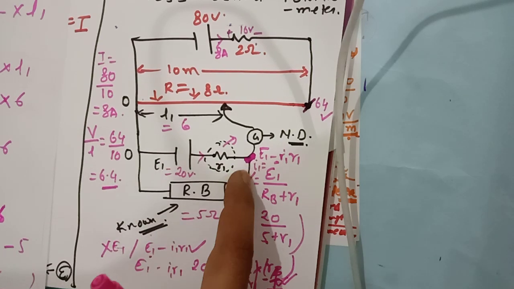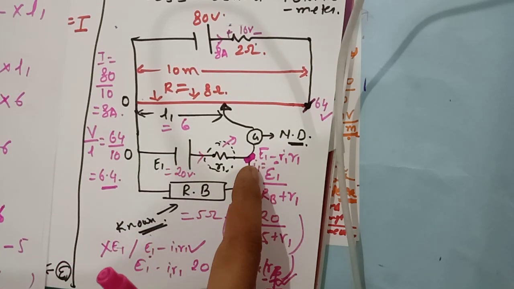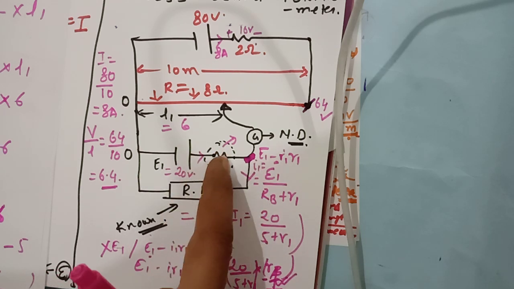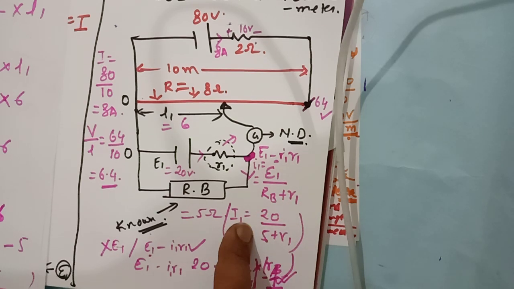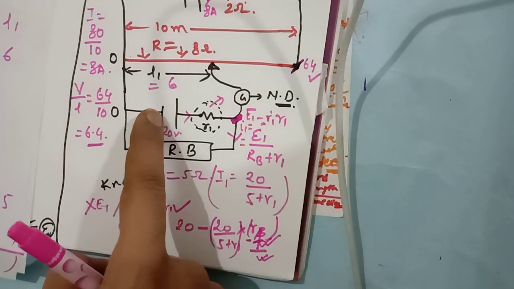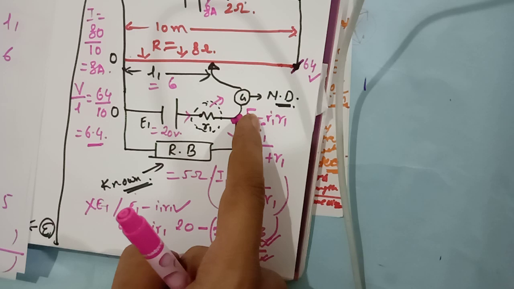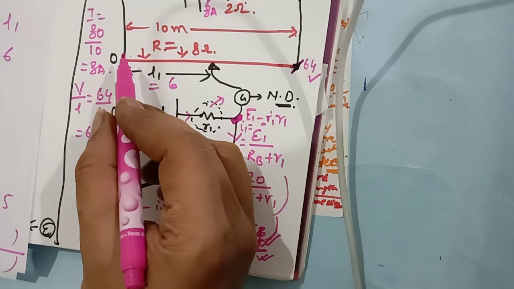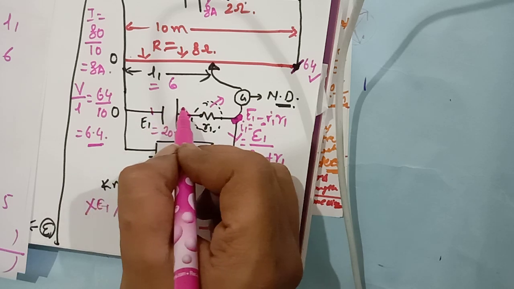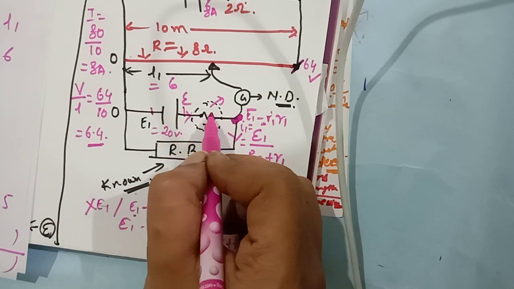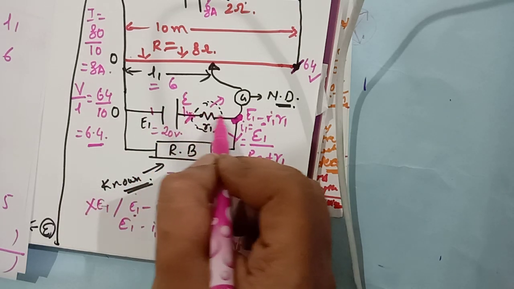So what is the current in the lower circuit? It will be I1. What will be I1? E1 divided by total resistance, right? Okay, suppose this is 0 volt, this is also 0 volt, here also 0 volt, here it is plus E, and now a current is going on.